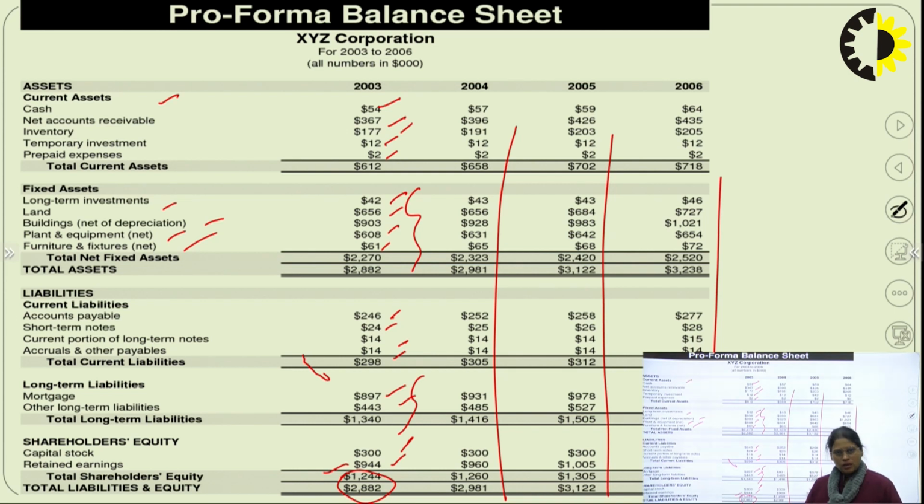We can check the current year financial projection, evaluate the current year financial condition, and also project the financial condition of the company in the future. So, this is the first type of statement generated by the company to evaluate its financial situation, that is, the balance sheet, on the basis of total assets and total liabilities.